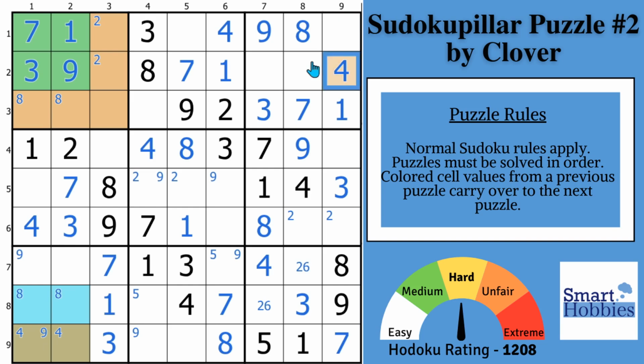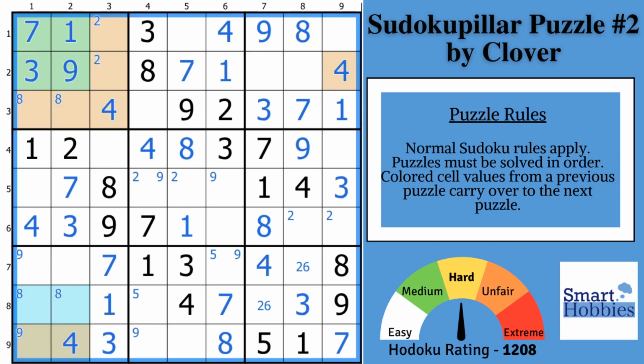And now with these two 4s, this 4, you can remove the 4 from down there, solve this cell for a 4. And with these 4s, you can solve this cell for a 4 now. And we can remove all the 4s because we've marked them all, remove all those colors.